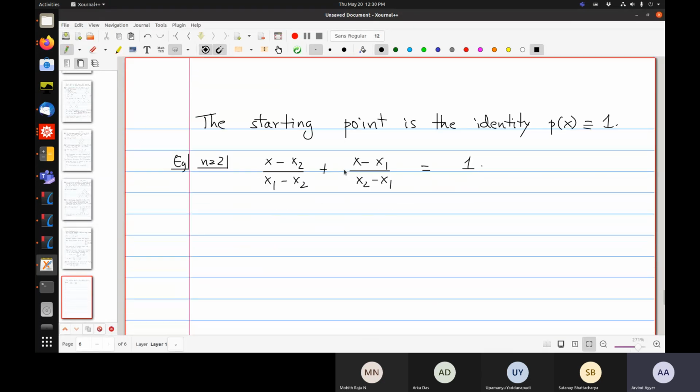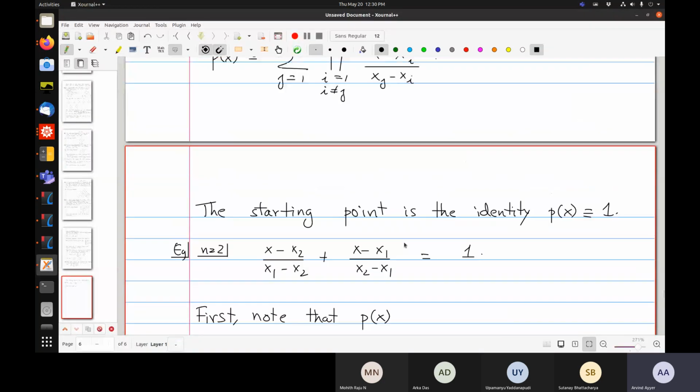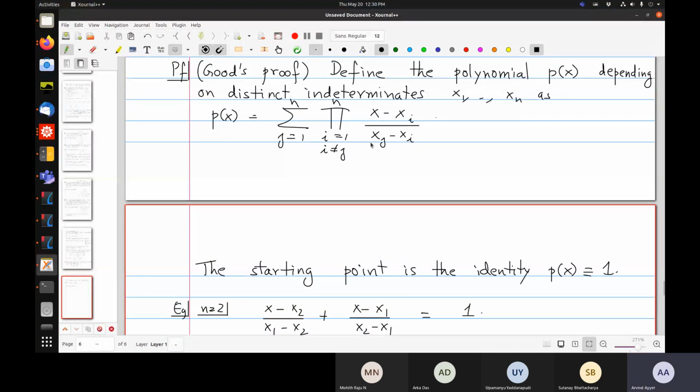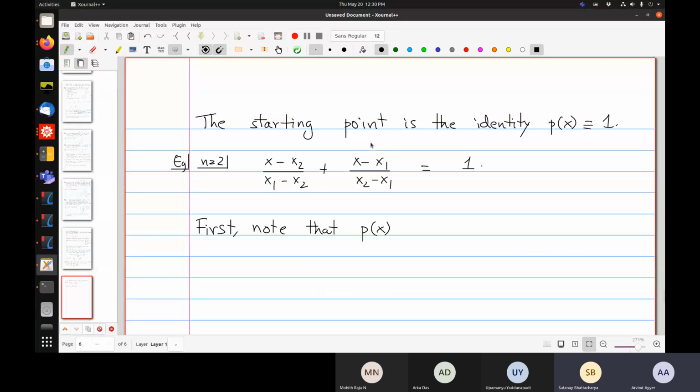Okay, so let me tell you. The idea is that there are two ideas. So first, note that p of x, what is the degree of p of x? Okay, let's go. What is the degree of this polynomial? n minus 1. That's right.